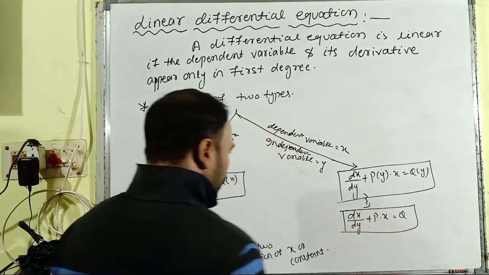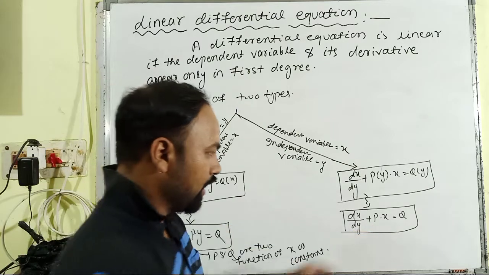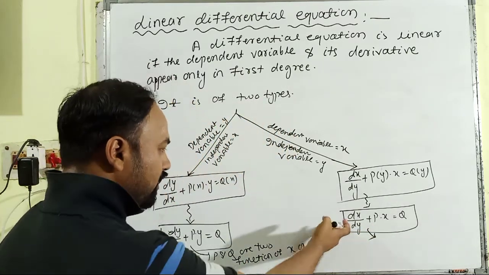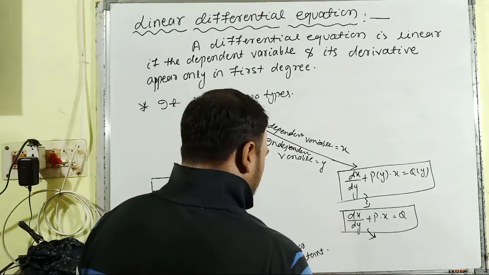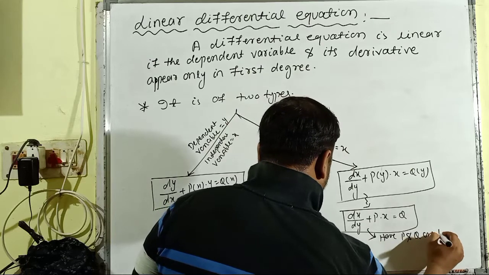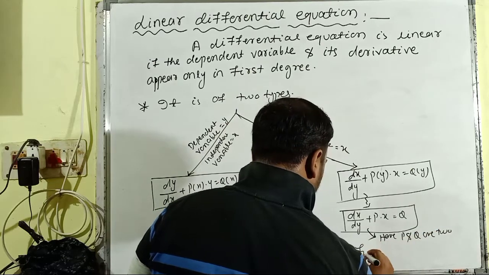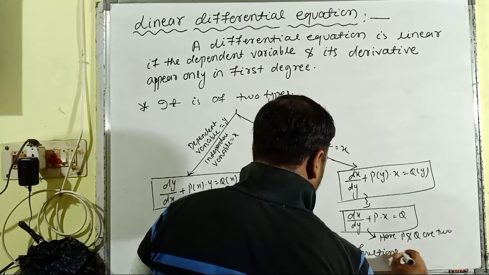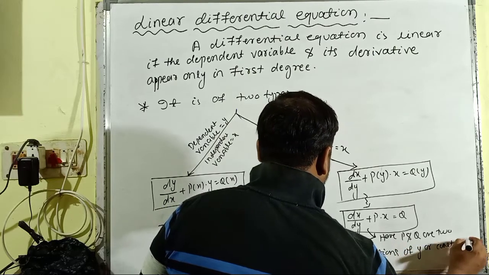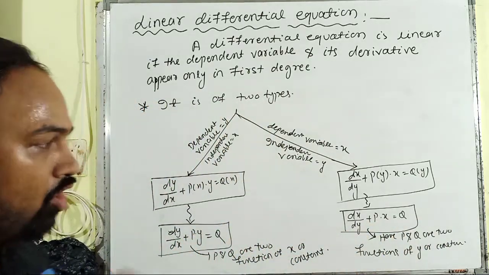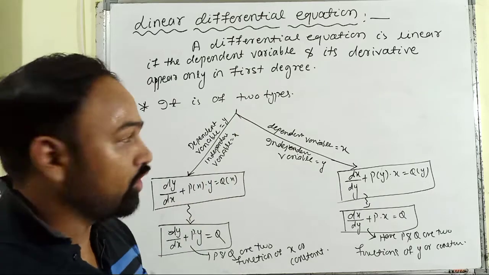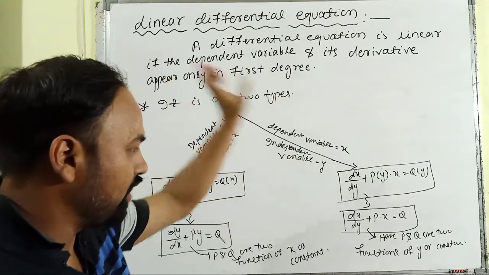For this form, p and q are two functions of y or they are constants. So these are the two forms of the linear differential equation, and here is the definition.